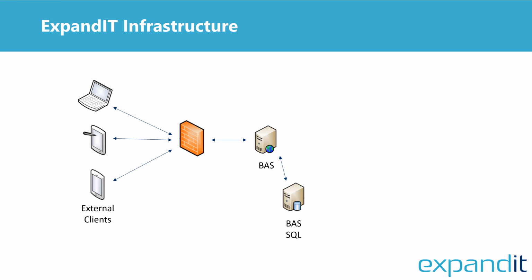So that BAS server is a piece of middleware, and that's what the external clients are connecting to and communicating with. That server itself has its own SQL server. It doesn't have to be a separate machine, as indicated here. However, logically, it is a separate SQL server. It has separate data repositories than the ERP system.